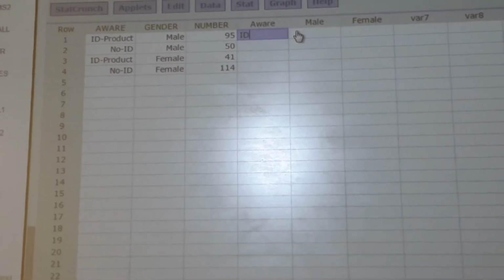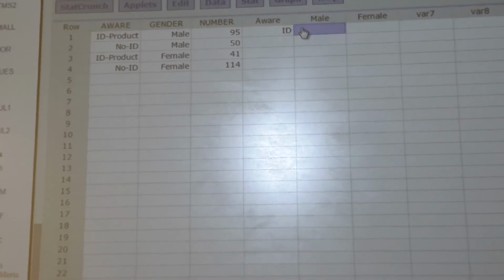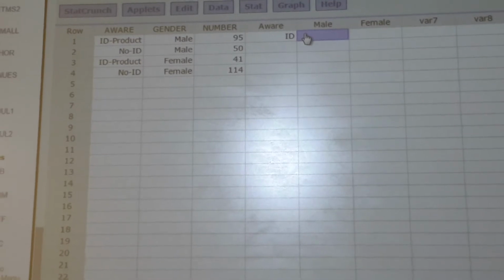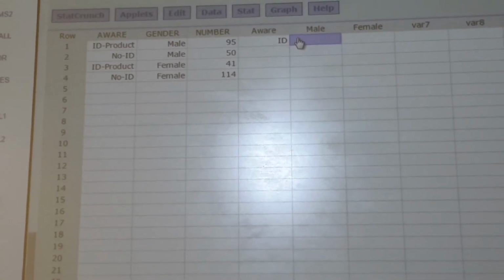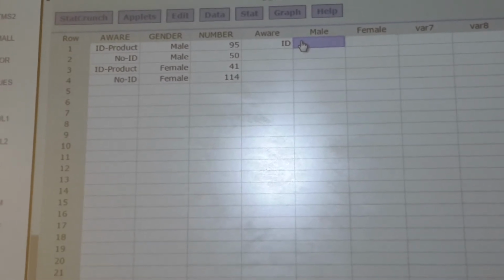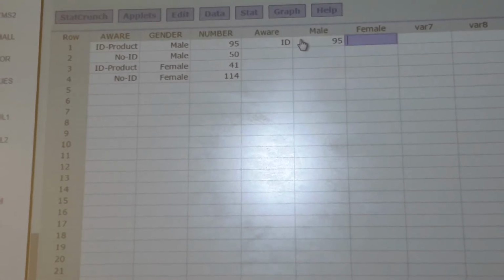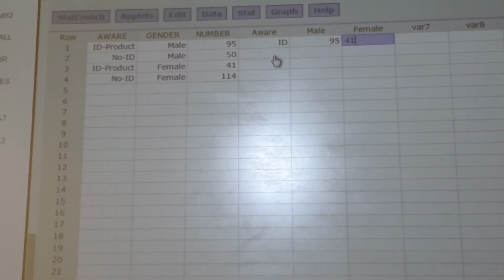We've got identify, and what they did, they showed ads with different celebrities in them, and then they showed them to males and females, and they asked if they could identify the actual product that was being sold. And 95 of the males that they asked were able to identify the product, 41 of the females were able to.